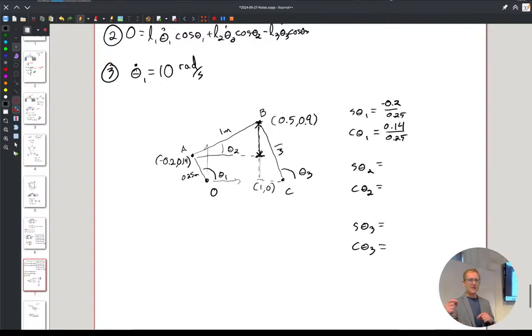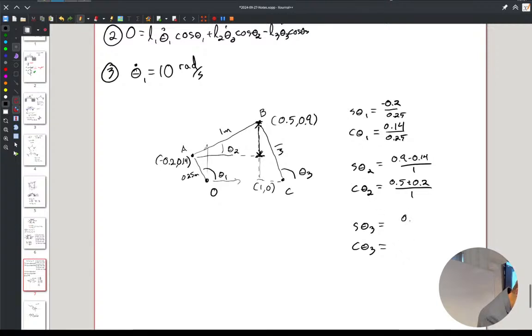So like b minus a. So it would be that 0.9 minus 0.14 all over 1, and then here that 0.5 minus a negative 0.2 all over 1. And then same thought process for that sine theta 3, cosine theta 3.